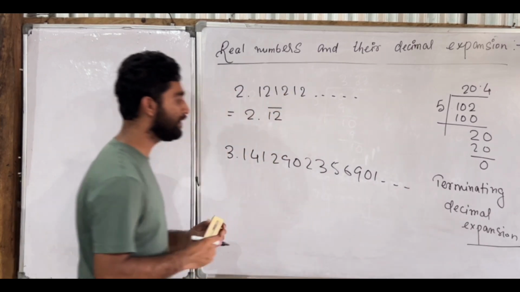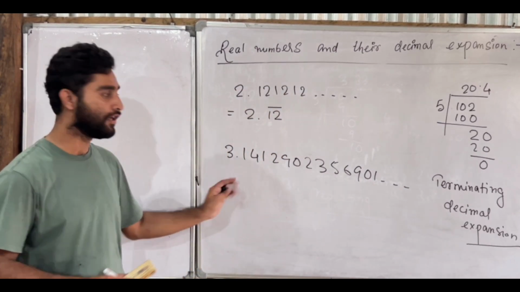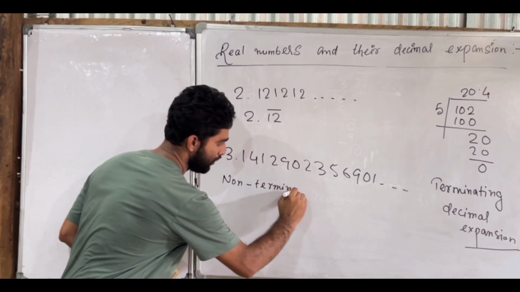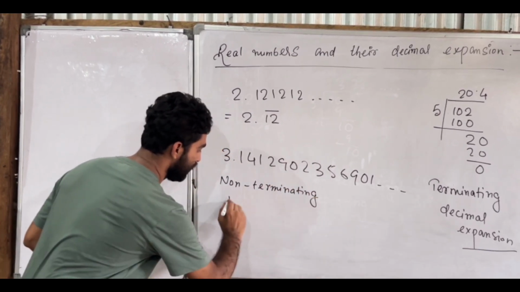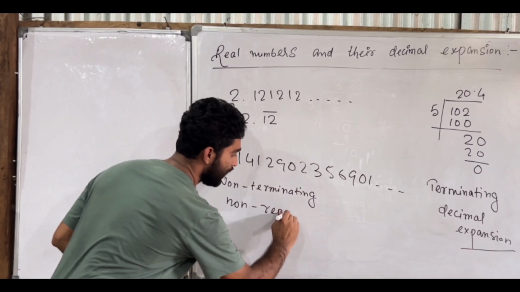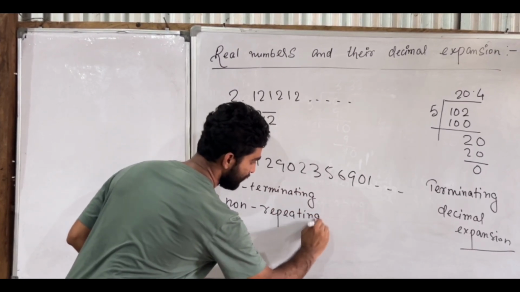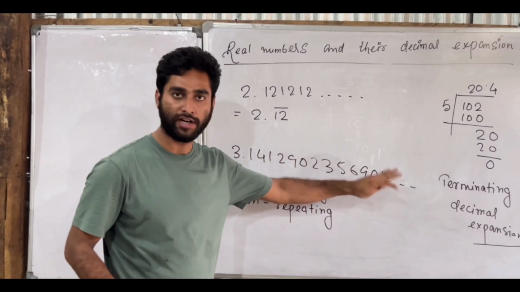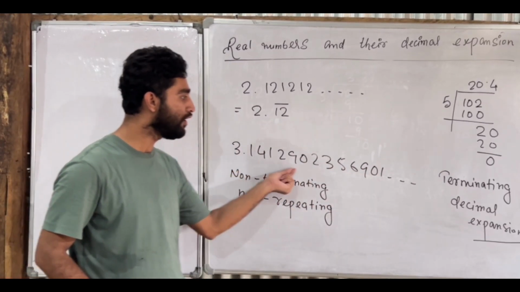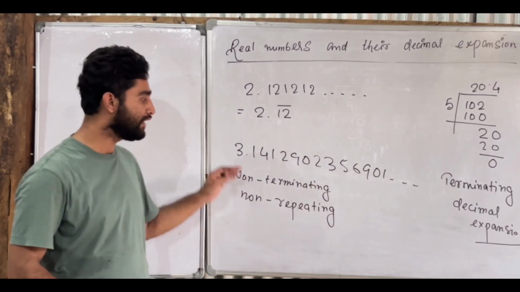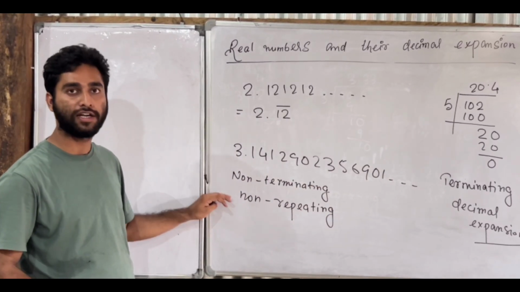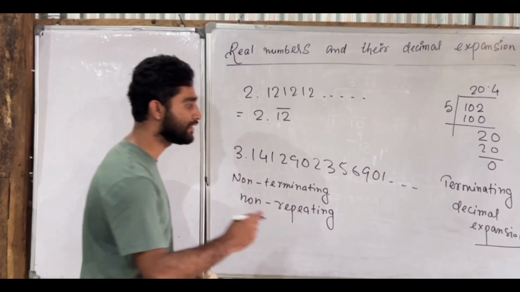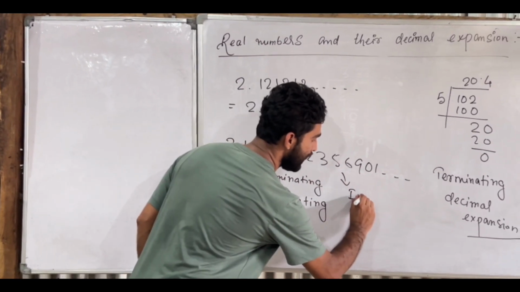But if I write the decimal expansion like this, 3.1412902356901, this kind of decimal expansion is called non-terminating non-repeating. Here you see, after the decimal point the digits will never terminate, as well as there is no repetition of the digits. And if the decimal expansion is non-terminating non-repeating, this is an example of irrational.